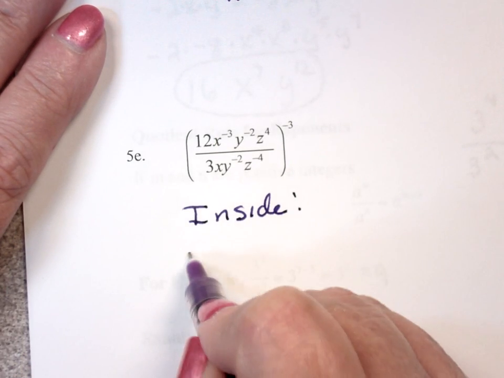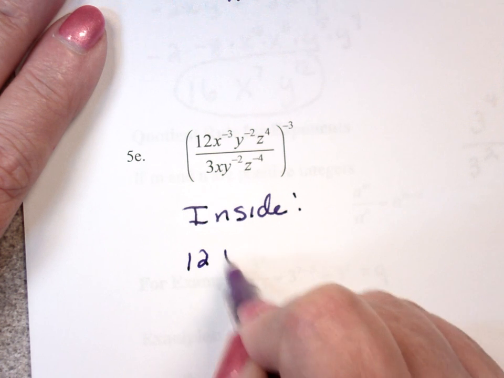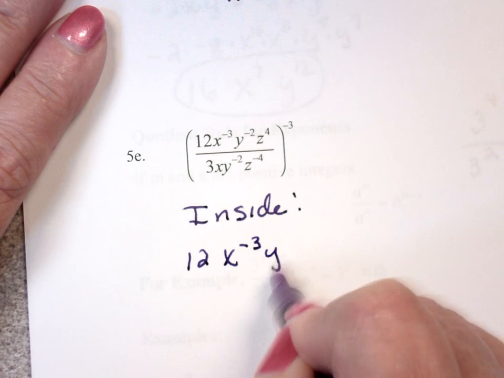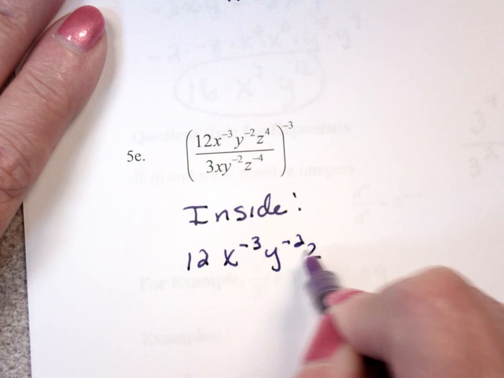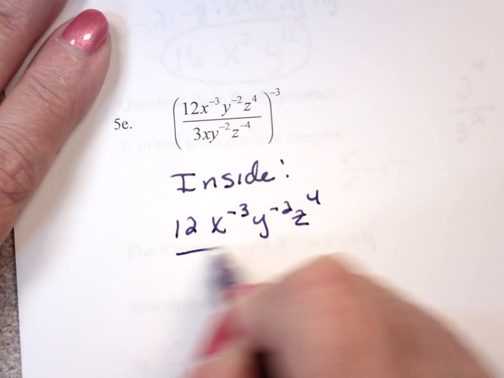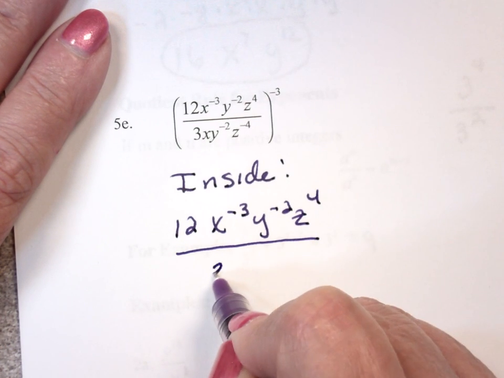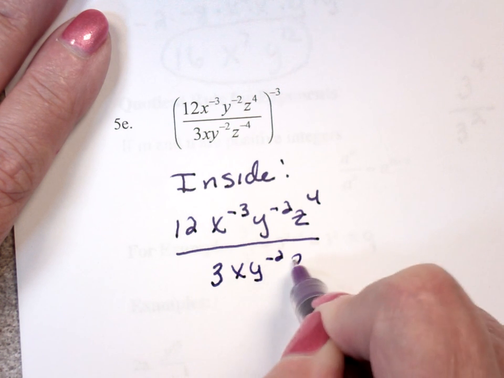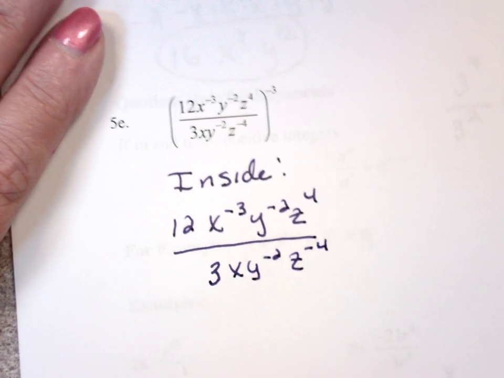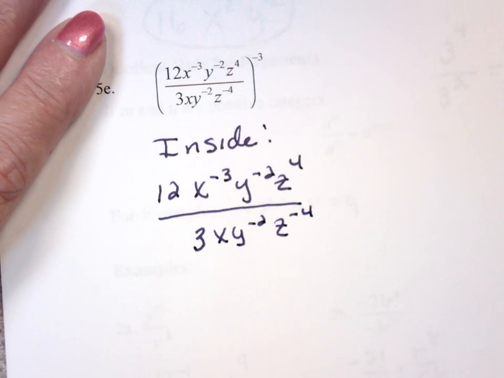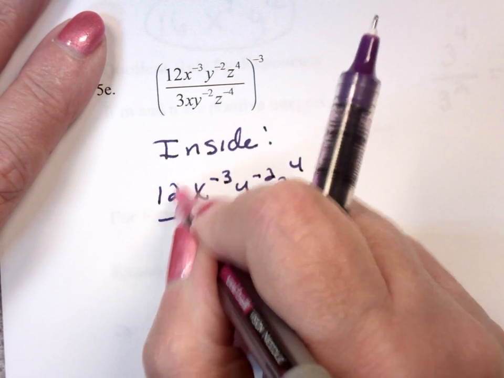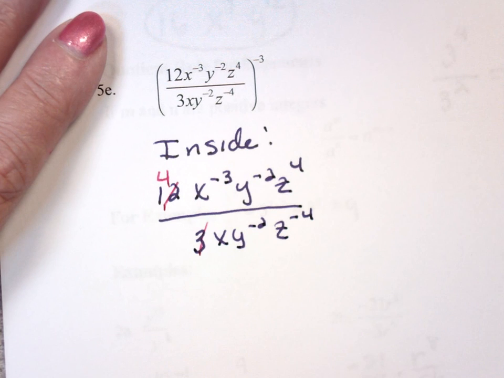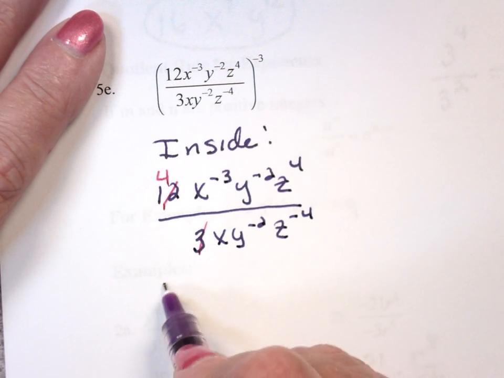So this becomes 12 x to the negative 3, y to the negative 2, z to the 4th, over 3x, y to the negative 2, z to the negative 4. 3 divides 12 4 times. So I'm going to have a 4.